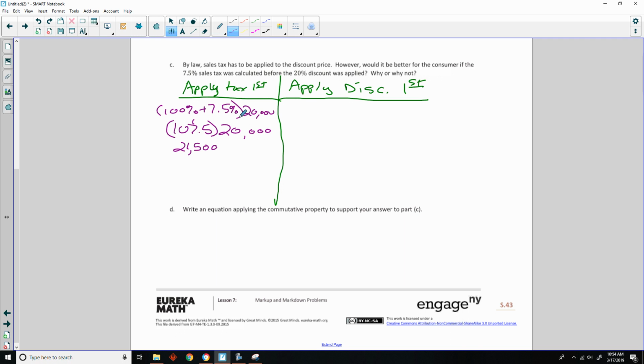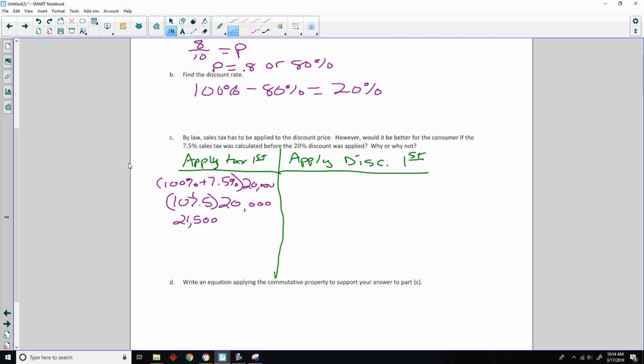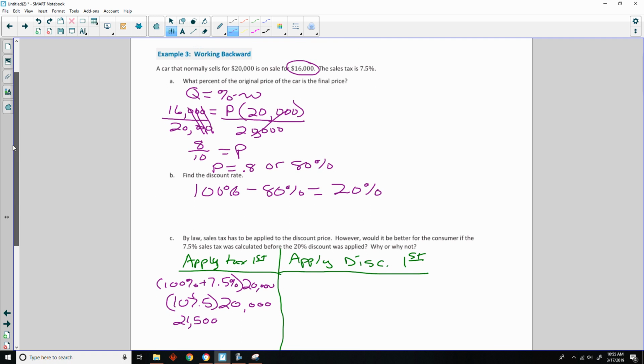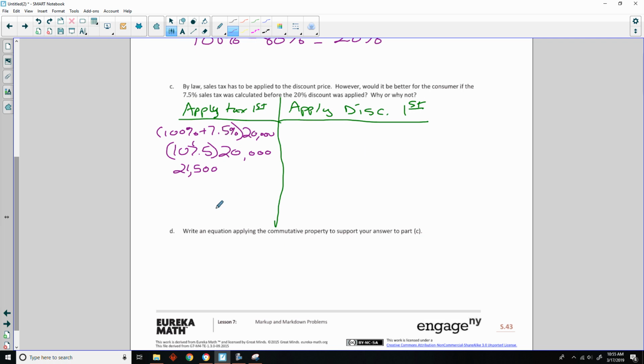So if we apply the tax first, the $20,000 car plus the tax is going to be $21,500, and then apply the discount. The discount was 20%, so we're going to pay 80% of that.